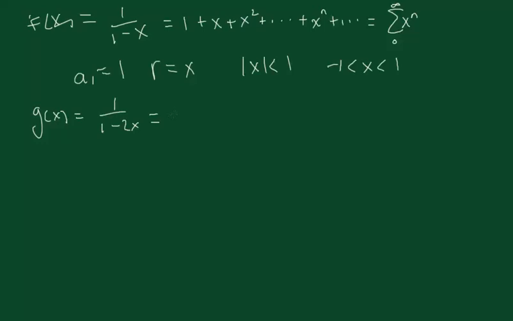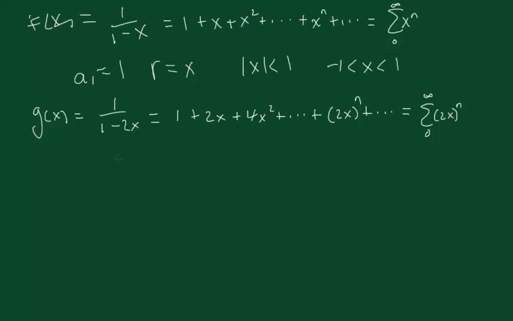Let's take a look at the terms. 1 plus 2x plus 4x squared plus dot dot dot plus the quantity 2x to the power of n plus dot dot dot. And of course, that is the series from 0 to infinity of 2x to the power of n.